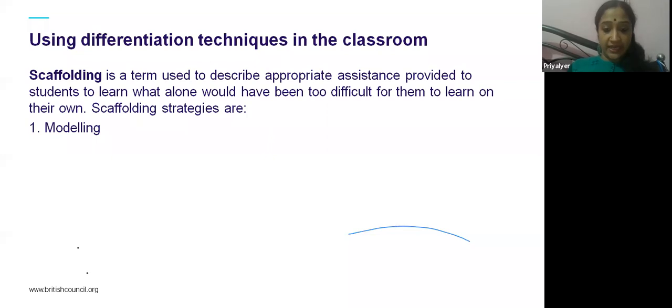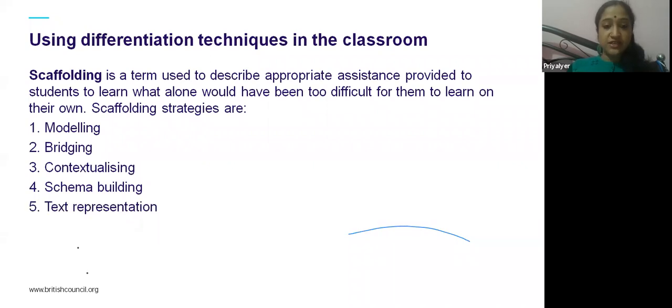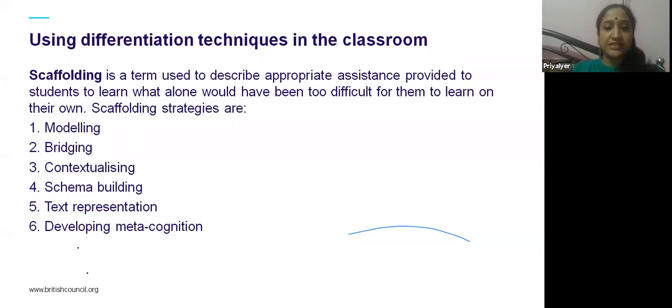So there's modeling, bridging, contextualization, schema building, text representation, and developing metacognition. Now, what do these really mean? Modeling, of course, is when you model some language. It could be language, it could be anything that the students need to do. They need to be given a clear example of what is required of them, right?